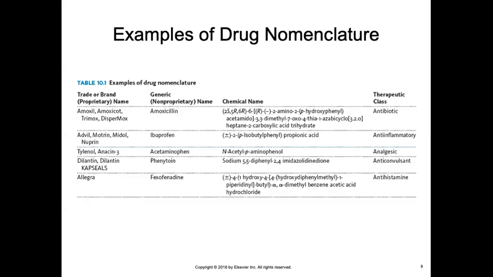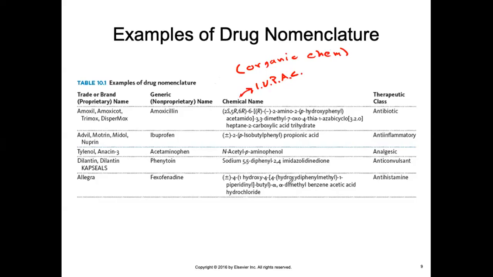Now, you can see these IUPAC names get long. These are names that are given by the American Chemical Society. These names are the kind of things you would run into in a course in organic chemistry, or a full-blown course in pharmacology.